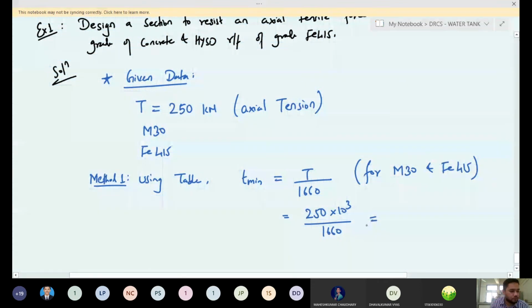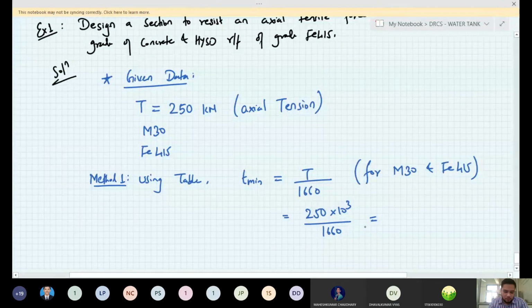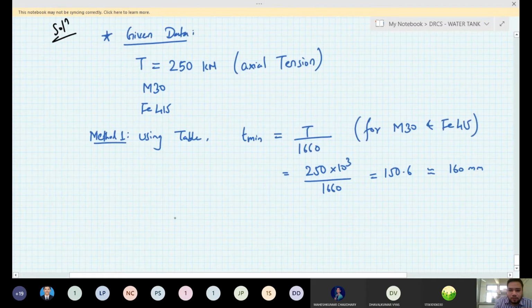So how much is this? It is around 150.6. So let us say 160 mm. Okay, so let us provide the thickness.